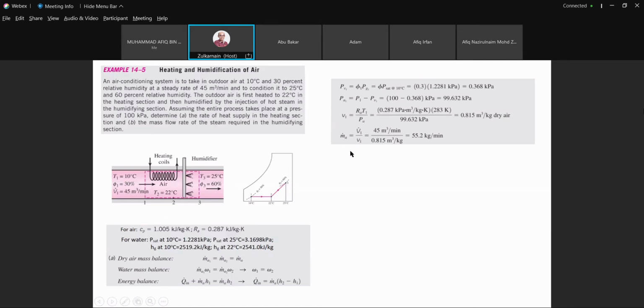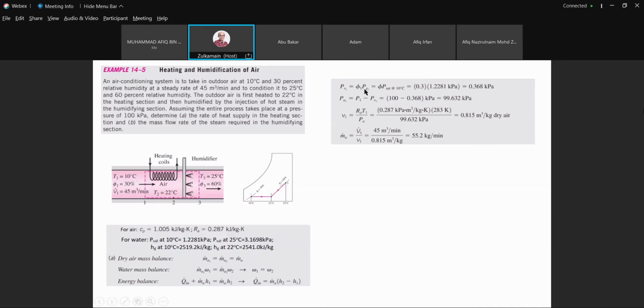And then how to get v1? We are going to get v1 from the ideal gas equation of state, where v1 is equal to Ra T1 over Pa. So we need the Pa value. To get the Pa value, we look at phi, the relative humidity.